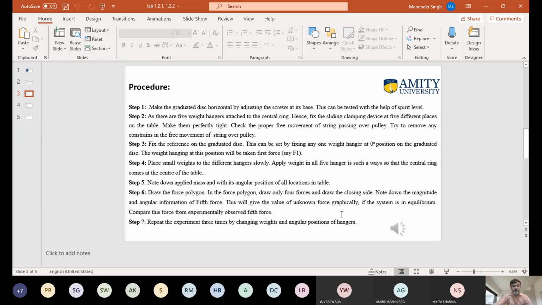That means if it is 100 grams, in the graph it is represented by 1 centimeter. You know that force is measured in Newtons.